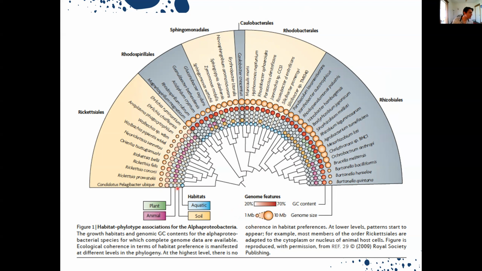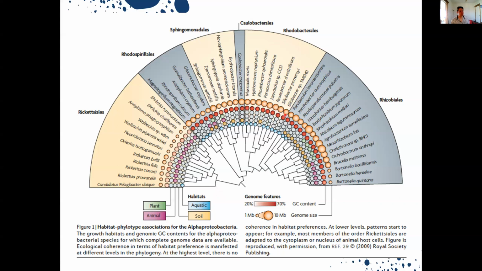So if you go here, you can look all of these up, and you find that they typically have smallish genomes. They typically have a low GC content, and then their habitat is as intracellular pathogens, meaning they're usually inside of animals. Now, on the other side, you can look at something like Rhodobacterales, which are up here. They have a larger genome size.